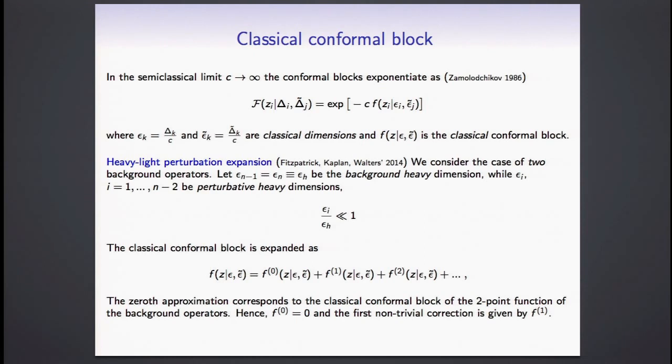In particular, this explains why we took these dimensions equal to each other, because the two-point correlation function should be non-vanishing. So the corresponding classical block is 0, and the first non-trivial correction is given by this term, which is called the linearized classical block.